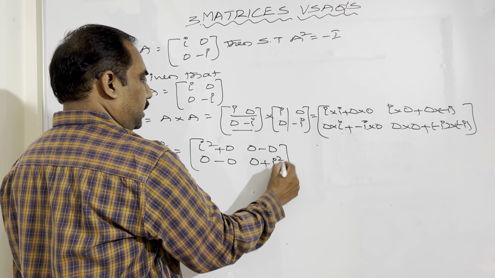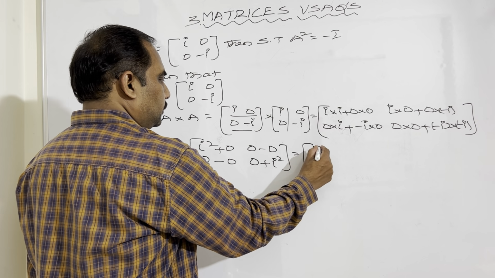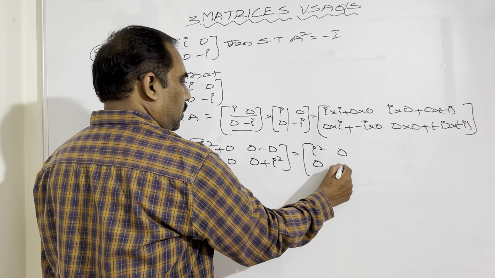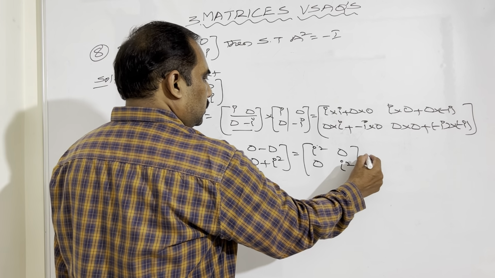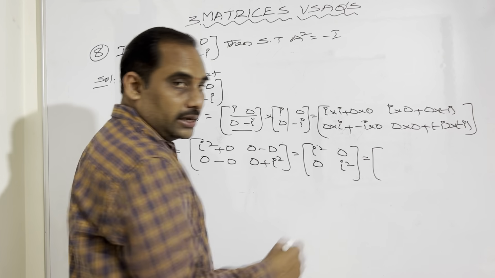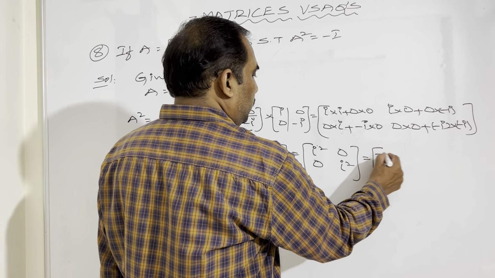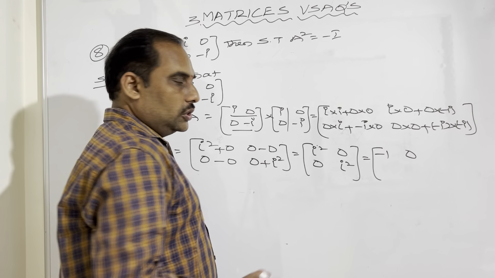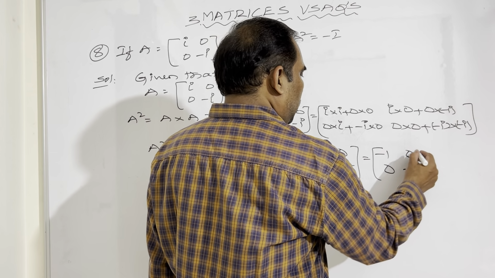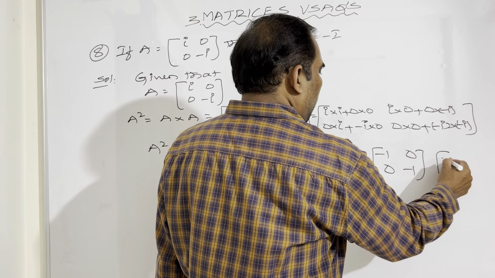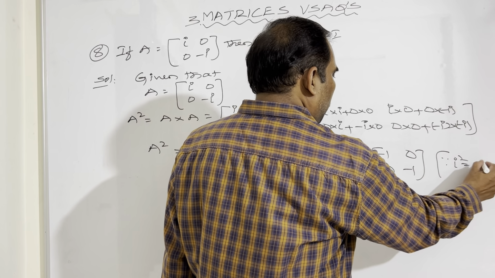So here we get clearly A square is I square 0 0 I square. So we know that I square value is equal to minus 1. So that's why I square is replaced by minus 1, 0 0 minus 1. So here the value of I square is equal to minus 1.